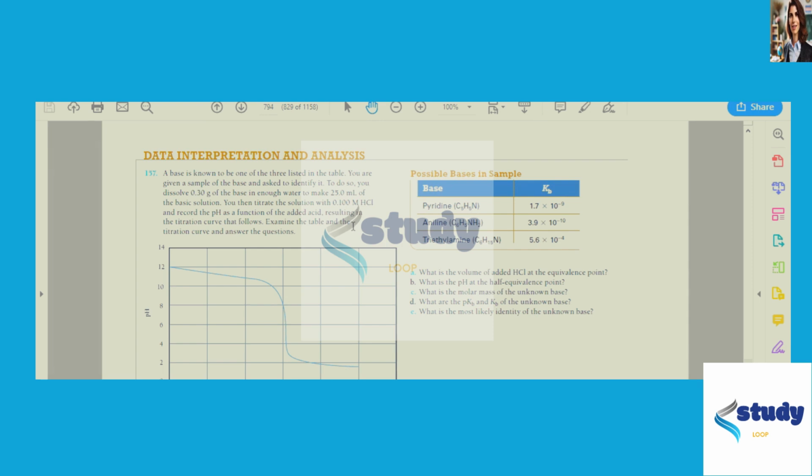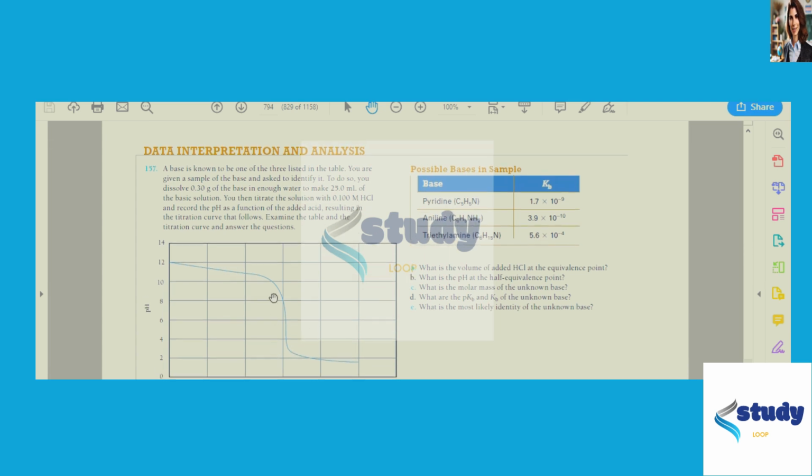So based on this curve and the table here, we have to answer the questions. The first question is, what is the volume of added HCl at the equivalence point? As we know, the equivalence point is halfway through the steeper portion of the titration curve. That means it will be somewhere here, and the volume here we can say is 31.